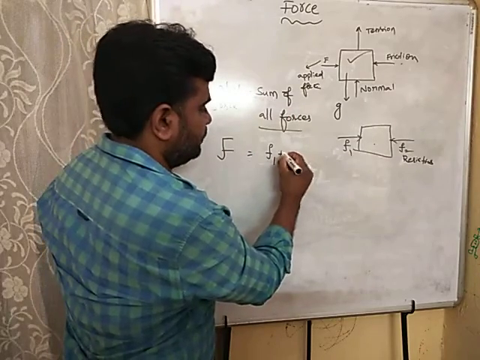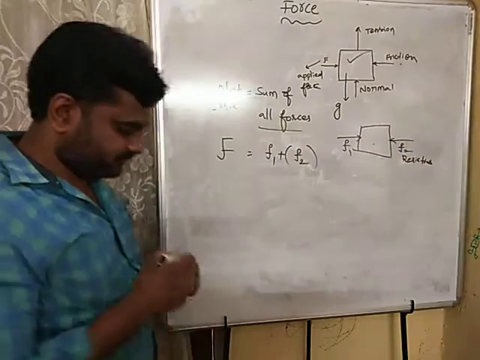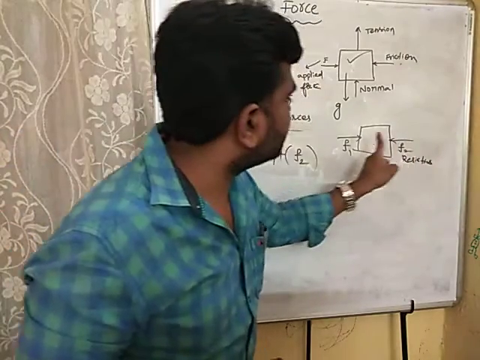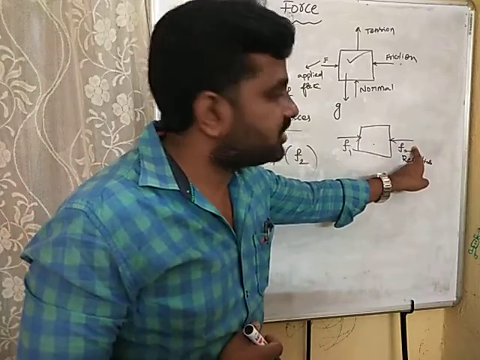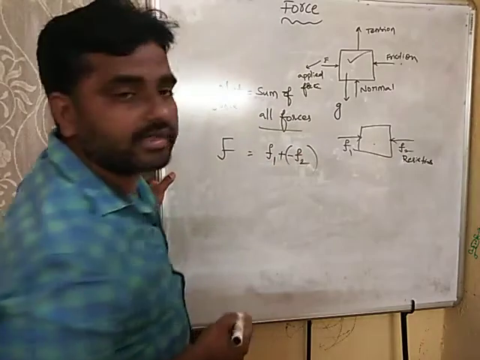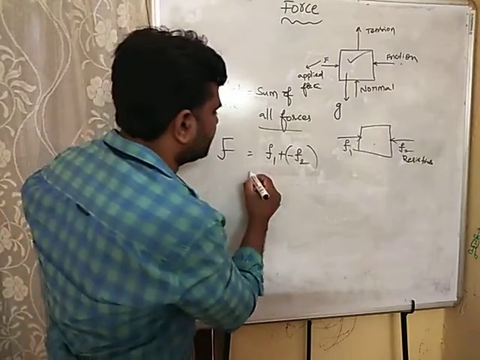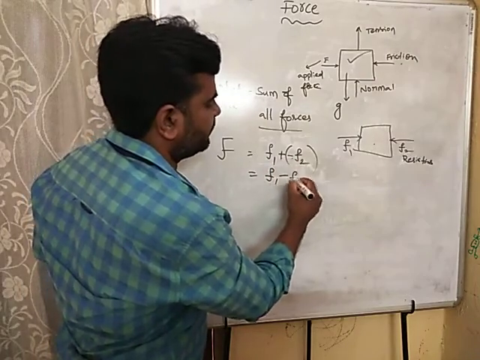So F1 plus F2. But you have to remember here, this force is acting opposite to F1, isn't it? When the opposing force is there, then you have to write a minus symbol. As you are mathematical students, plus into minus, what will it become? F1 minus F2.